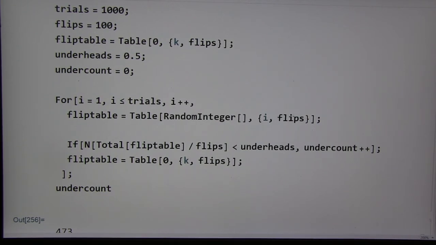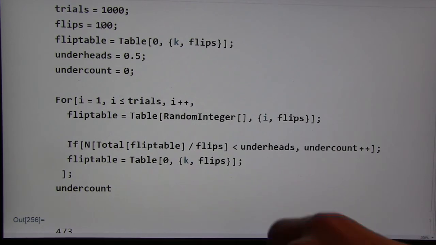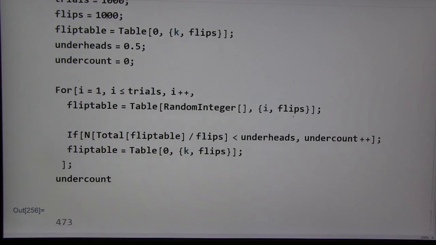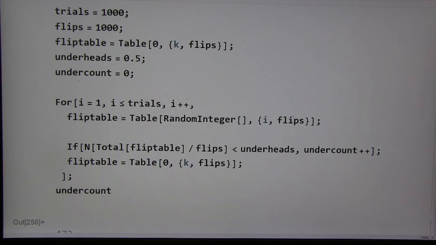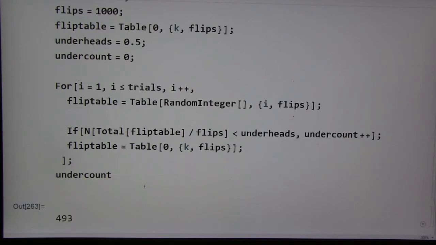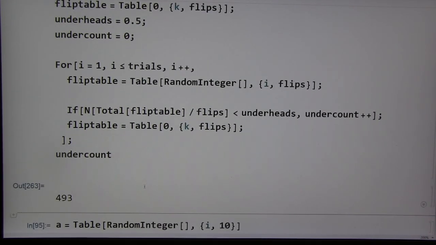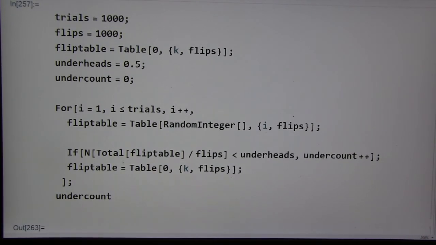Well, I would say increase the number of flips per trial, since 100 is sort of low. Maybe we can make that 1,000. Okay. And for now we're going to leave the trials the same, but maybe doing more trials would also help. So you can see what happens if we increase the number of flips per trial.